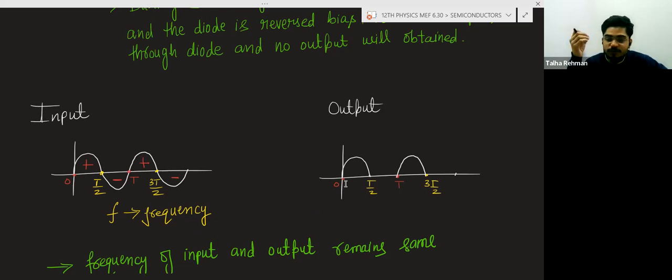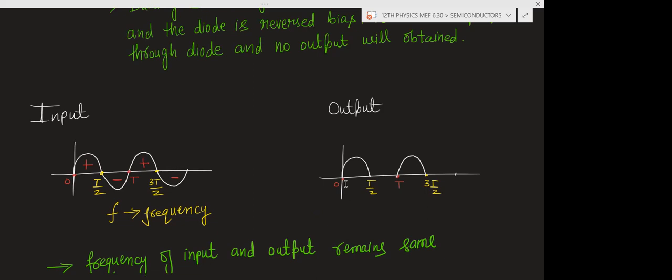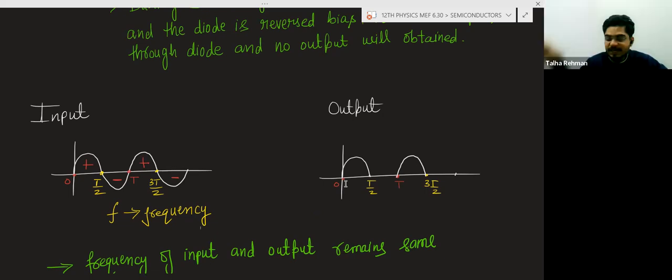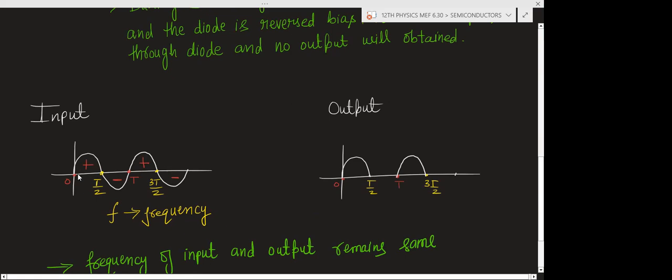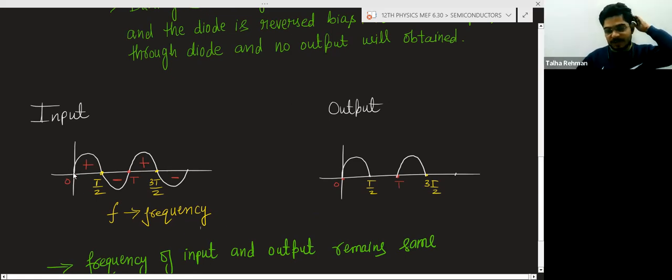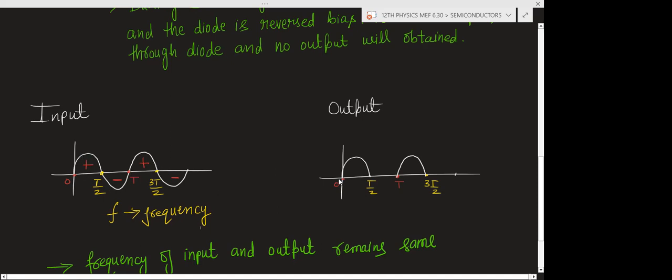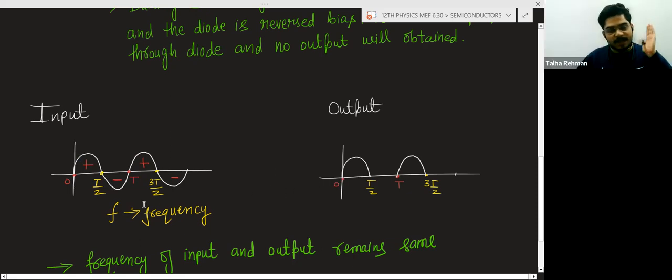Frequency is number of revolutions in one time period, but here it is in the form of wave. So here you will say number of waves in one time period. For 0 to T time, how many waves are there? For 0 to T time, there is only one wave. This is the frequency f.